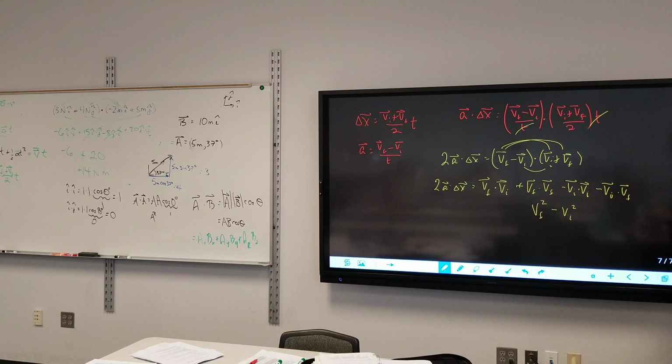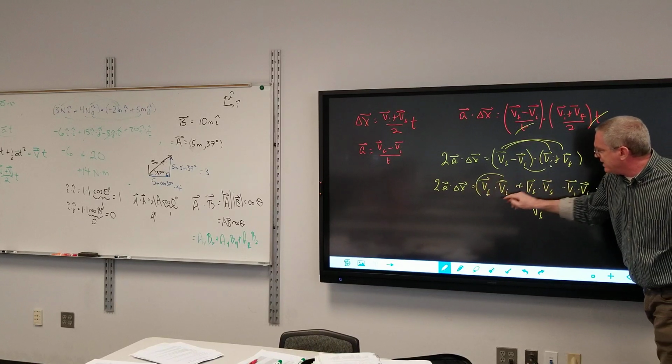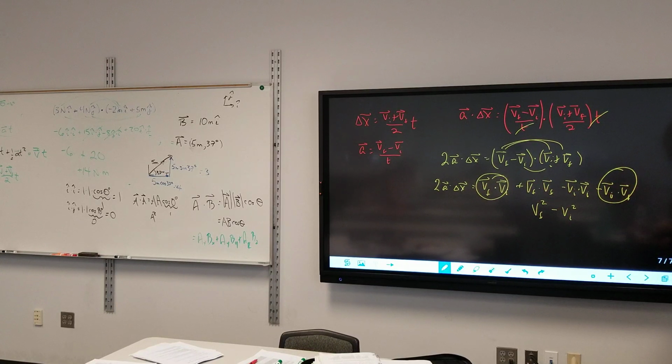Now, vf dot vi, these are not necessarily 0. However, I got that and I have that. Commutative property holds. It does not matter the order in which you do a dot product, unlike cross products. So this is going to cancel out because that's positive and that's negative.